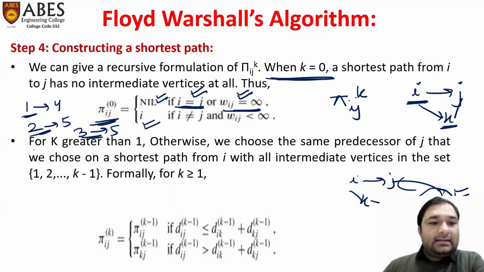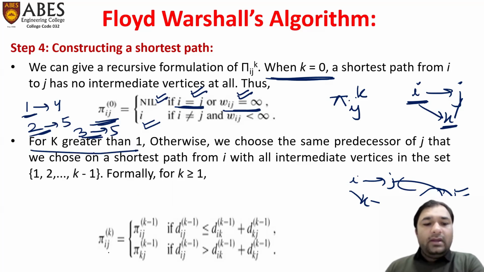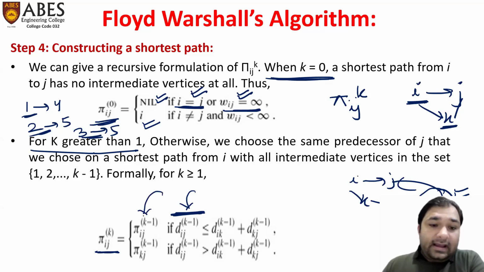If k is greater than 1, now what we are doing is pi ijk. There are two things if we talk about this mathematical formulation. If we are saying that dij k minus 1 is lesser, then pi ij k minus 1 is the previous value. Right?